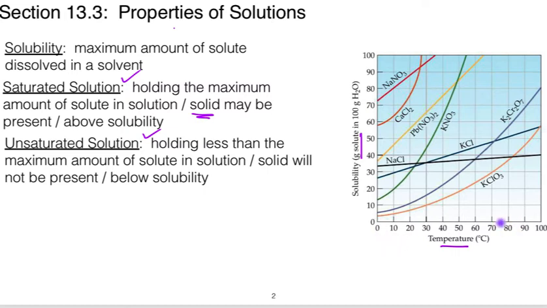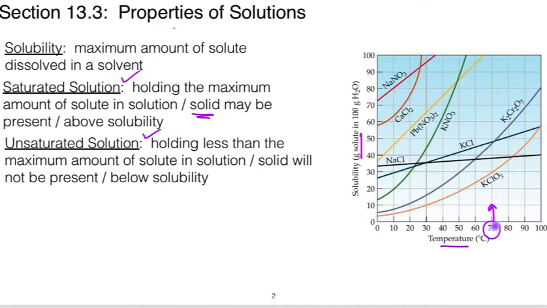But let's just take a point on the x-axis and imagine that we start traveling up that vertical line. What this is saying is that, down here at the x-axis, I have added 0 salt to my water. And again, the amount of water is specifically 100 grams, about 100 milliliters.